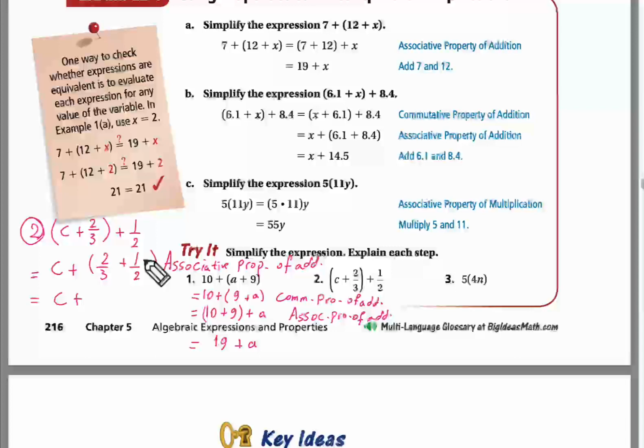It is 3 over 5. 3 over 5? Why? I don't get it.